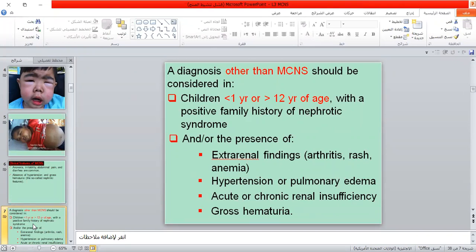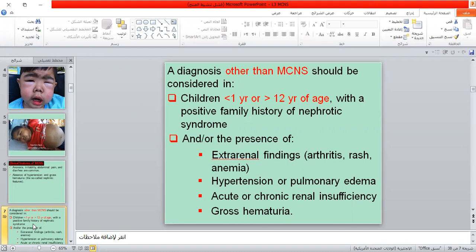يعني الكيس مو minimal change nephrotic syndrome إذا كان the age of the child below 1 year or more than 12 years of age with a positive family history of nephrotic syndrome. ليش؟ لأن قلنا جوا السنة the possibility of the congenital nephrotic syndrome راح يزيد، after 12 years the possibility of other type of the nephrotic syndrome like mesangial proliferative or focal segmental sclerosis will be more.